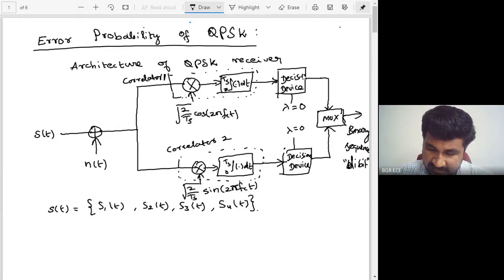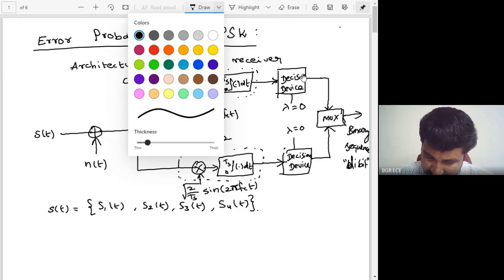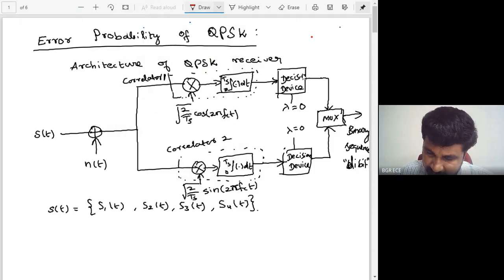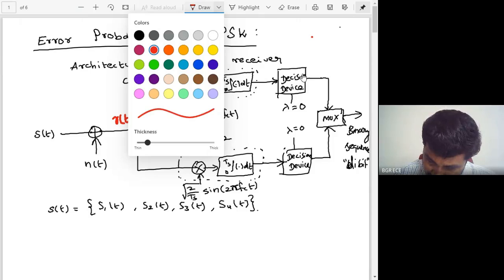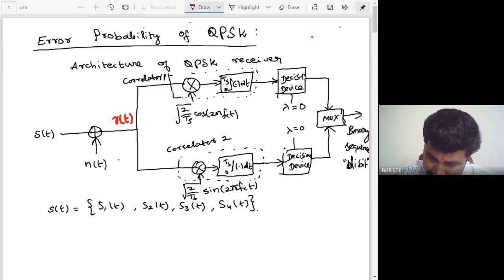And we know that R of t is the received signal, and this entire path is the in-phase path.